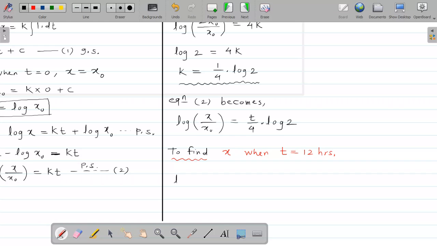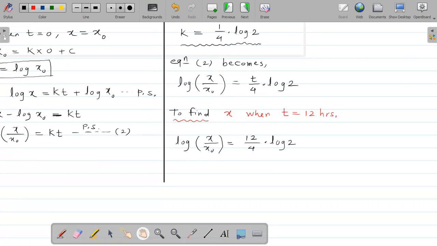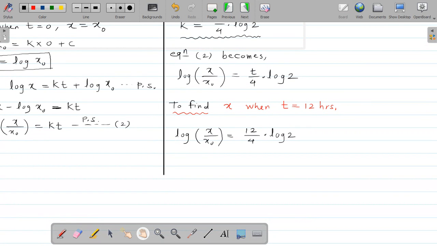So use this equation now. Log of x upon x0 is equal to, now t is equal to 12, so we get 12 upon 4 into log 2. Now we just have to compare both the sides.